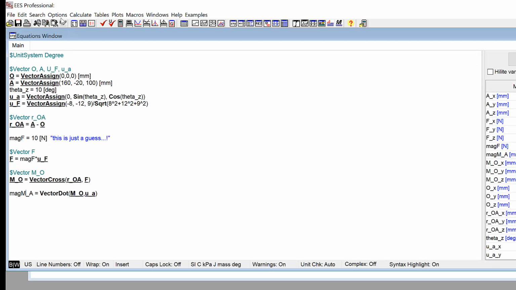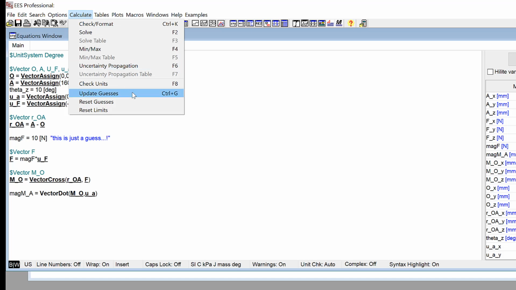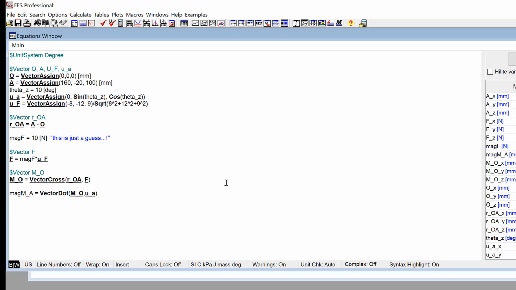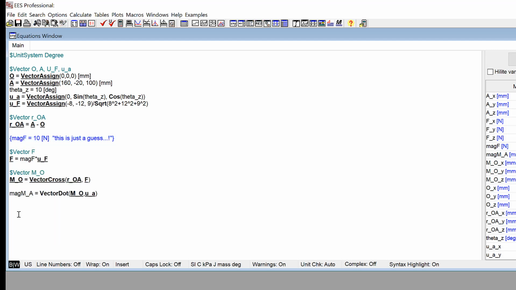So that's what I'm going to do. I'm going to update my guesses. So calculate menu here, update guesses. I'm going to comment out my assumed value of F. Of course, at this point I don't have enough equations, so I got to add an equation, and the equation that I'm going to add is that the magnitude of the moment projected onto line A must be minus 10 Newton meters, and I got to convert that to Newton millimeters given the unit system that I'm working in.